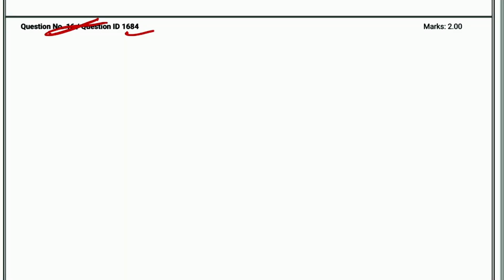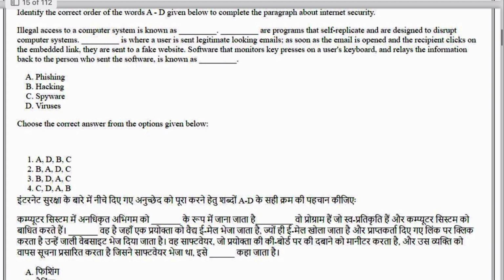Next is 84. Identify the correct order of the words A to D. Illegal access to a computer system is known as hacking. Okay, hacking is done. Then dash are programs that self replicate and designed to disrupt the computer system. That is viruses.